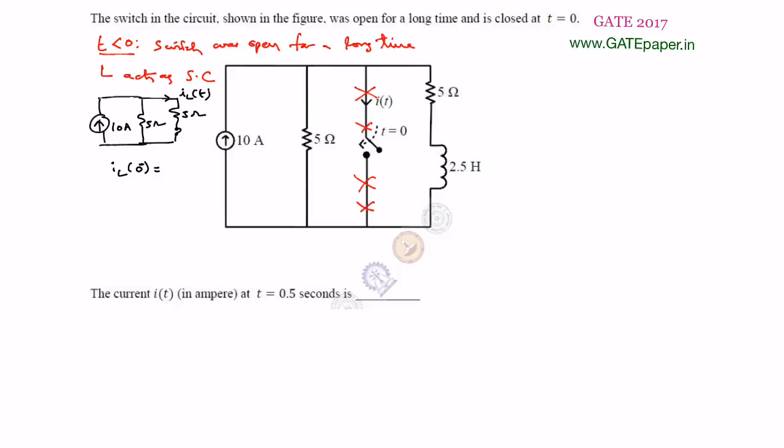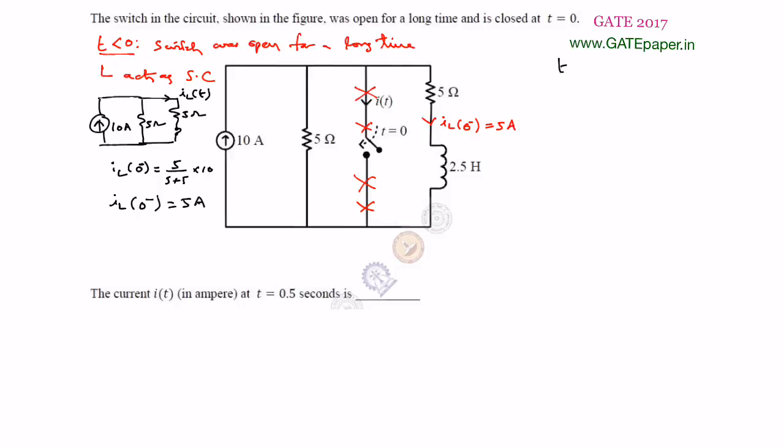Using the current division rule, IL of 0 minus is 5 divided by 5 plus 5, into 10. So IL of 0 minus is 5 amperes.